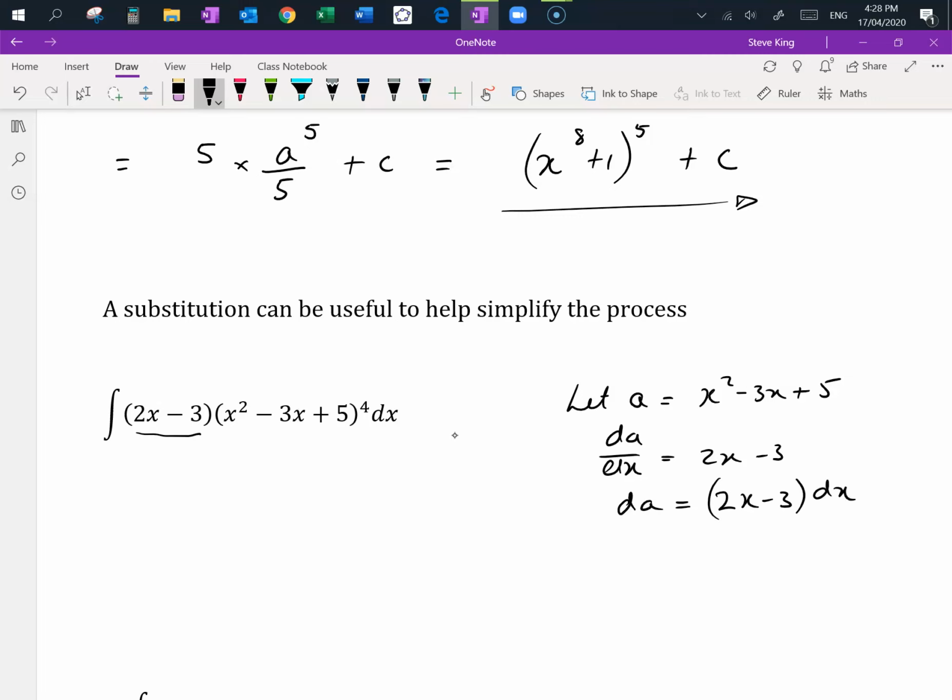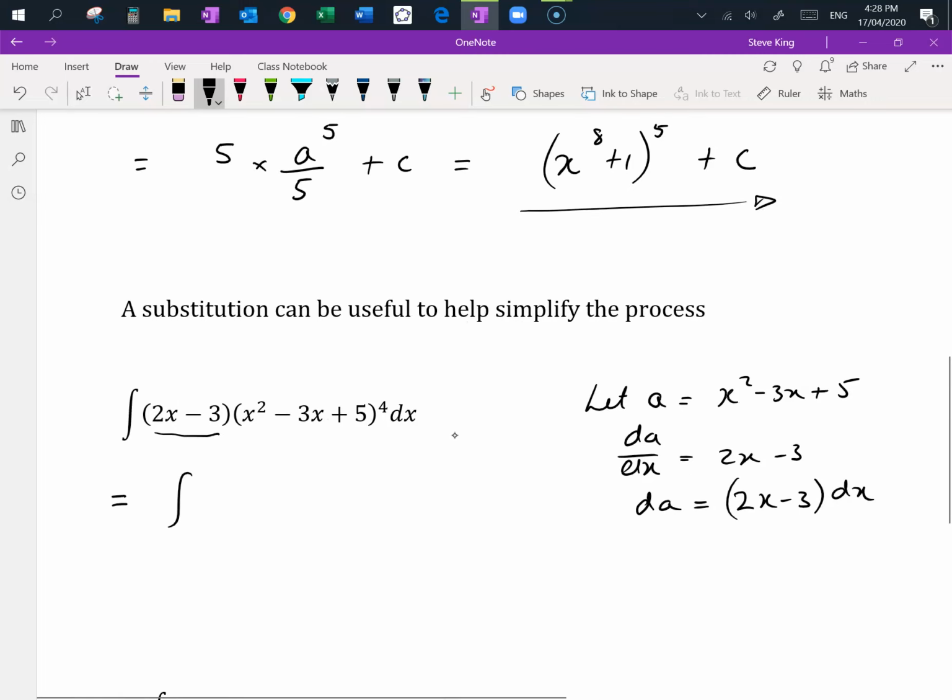Again, just rearranging this, I can say that dA is going to be 2x minus 3 dx. And that means this integral can now be rewritten as the integral of, instead of x squared minus 3x plus 5, the letter a to the power 4, and instead of writing dx and the 2x minus 3, I'm going to write dA.